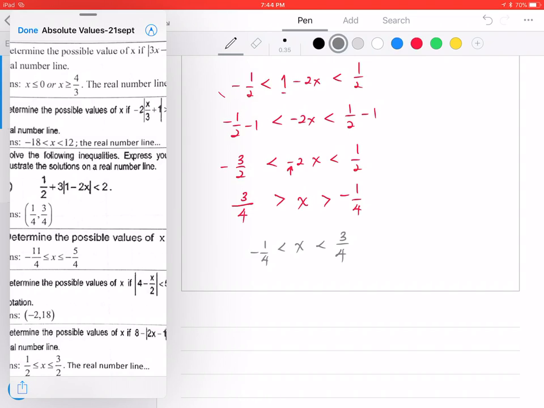Oh, sorry, I got it wrong here. This should be half minus 1, which is negative half. So if you divide negative half by negative 2, you will get positive 1 over 4.